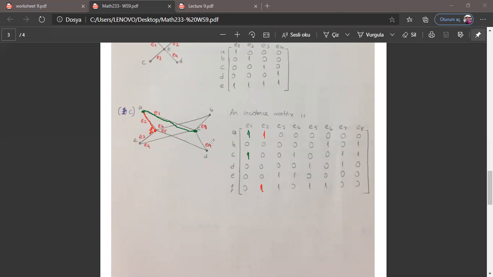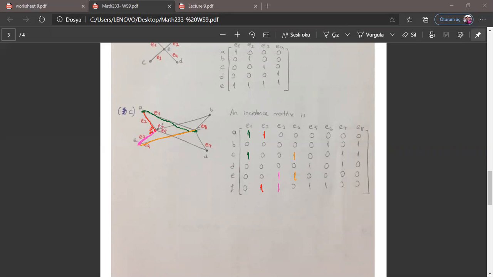And what about E3? Here we have E3. So we have the vertices E and F, okay? E and F. And E4, which is here, connects C and E. So I guess you get the point.